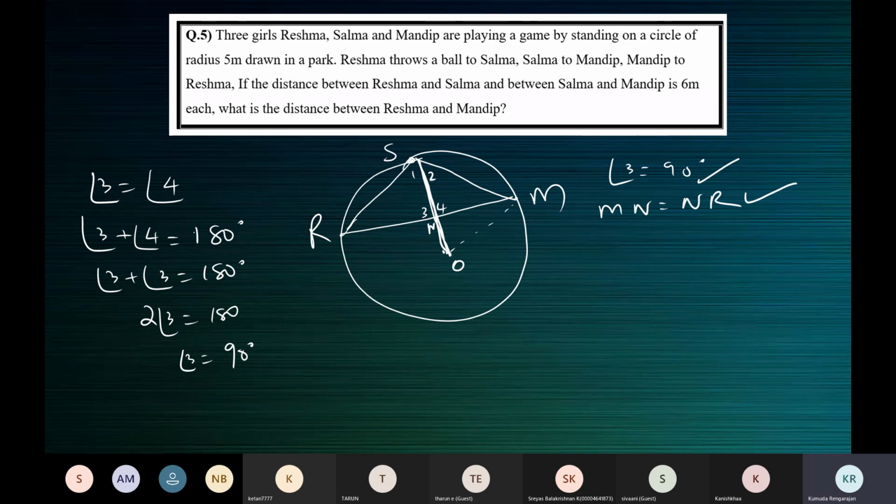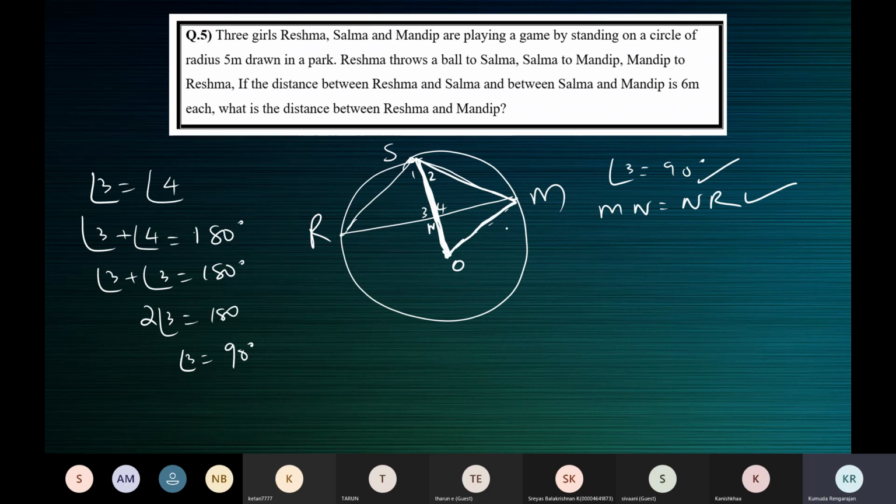The next thing we have to do is find the area of this triangle using Heron's formula. As we do it, this question will be answered.